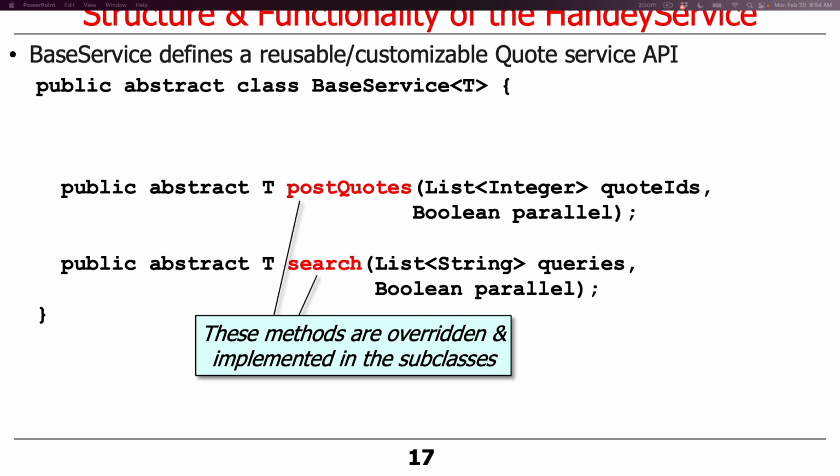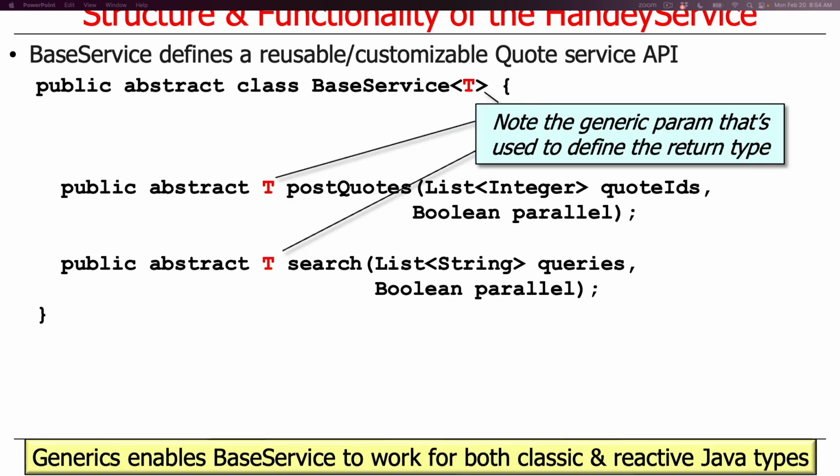So you'll see Zippy service and Handy service will override and implement these methods. Once again, note how we have these generic parameters that are used to define the return types. That way, again, we can plug in either classic Java types like lists of quotes, or reactive types like Fluxes or Observables of quotes. That'll come a little bit later on in our discussion.